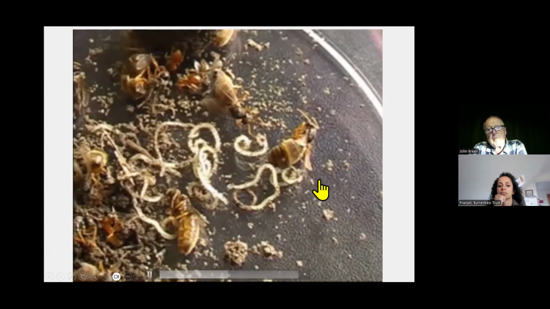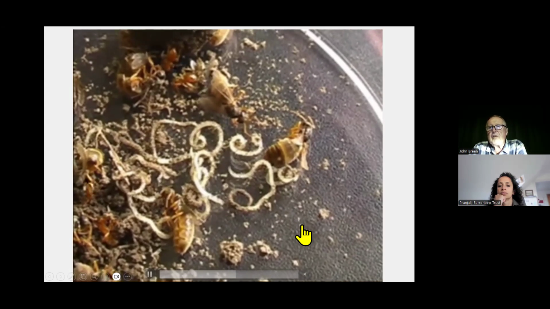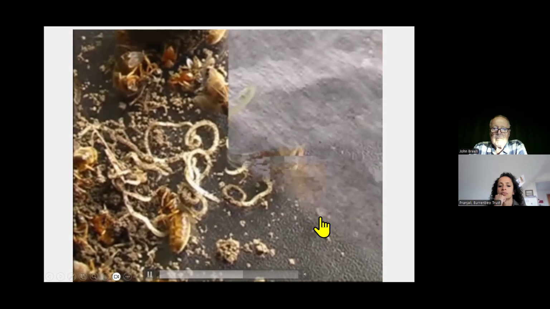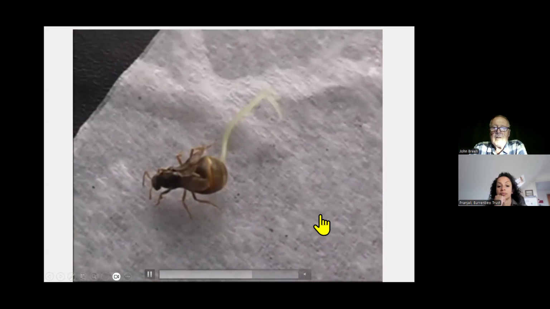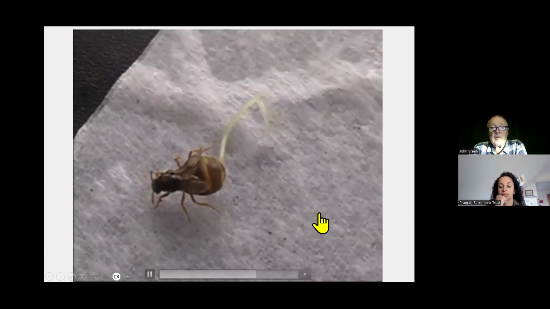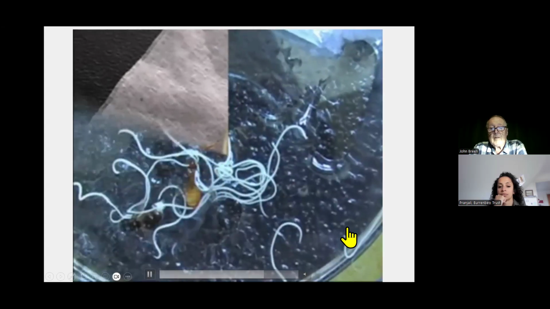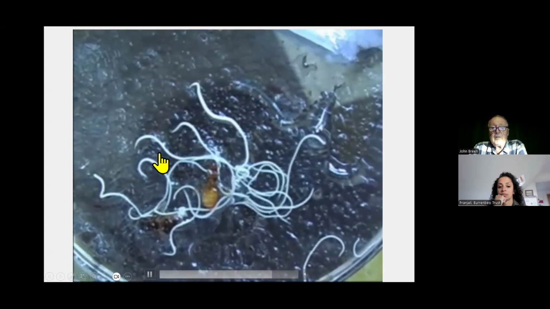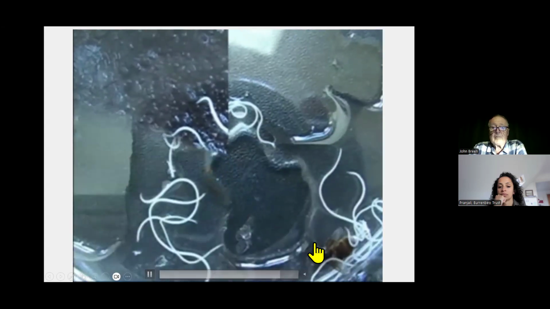And if you put them into a petri dish with some water and dampness, these nematodes will come out. And there can be 4 or 5 of them in the queens. So there's 2 queens here, and these all came out of their 2 guts, their 2 abdomens.